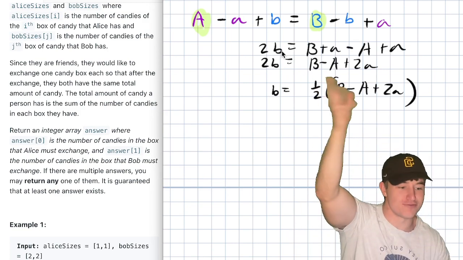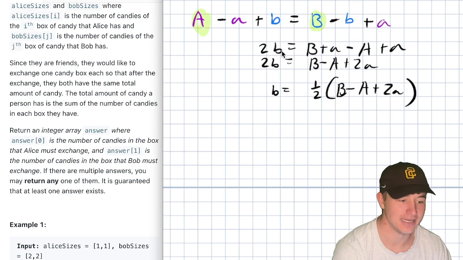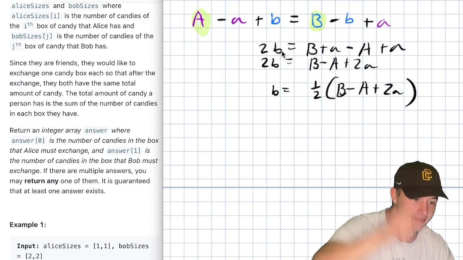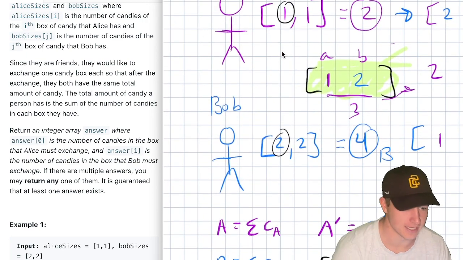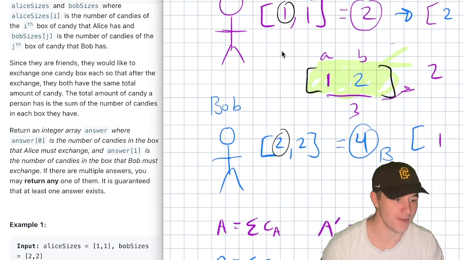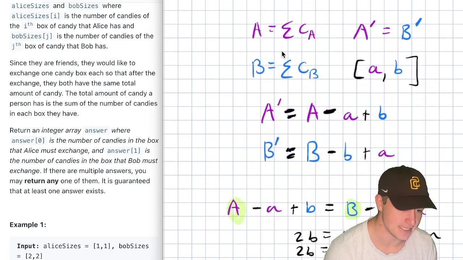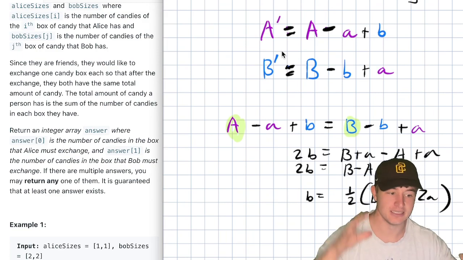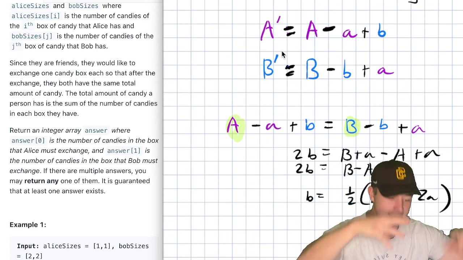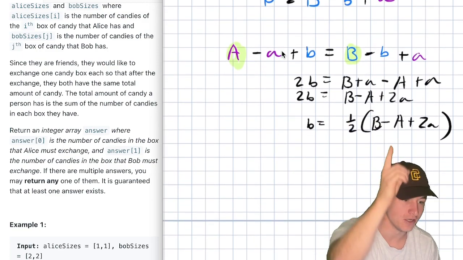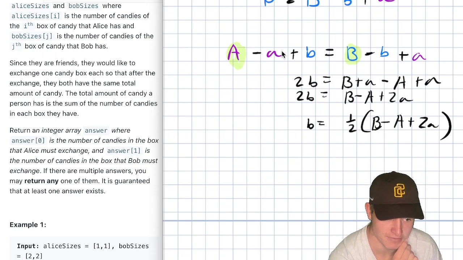Maybe you can reason through why this is the formula, but it's harder to derive by trying to reason like, if he gives me 1 and you give me 2. Maybe you're smart enough to do that. I'm not. For me, it's easier to leverage formulas to say what's going to happen in the end, set them equal, and then determine what it is that Bob has to give Alice.